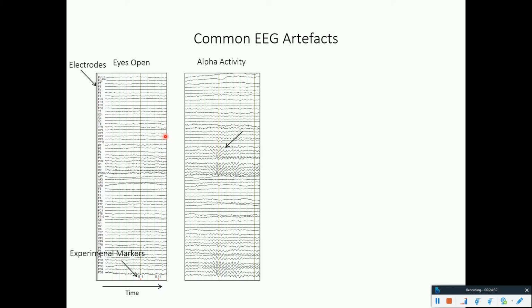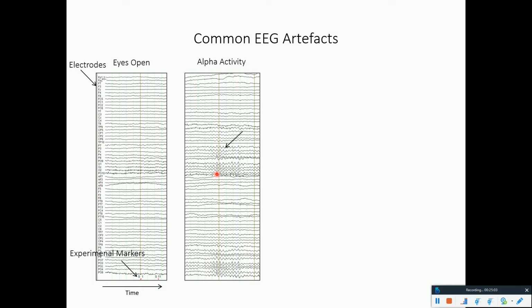Now, alpha activity, as we discussed, can be induced by the participant just closing their eyes, and you see then this 10 Hertz activity. If you count the bumps, that's 1, 2, 3, 4, 5, 6, 7, 8, 9, 10. So it's roughly in the 10 Hertz area. And this alpha activity can, of course, mask things of interest.